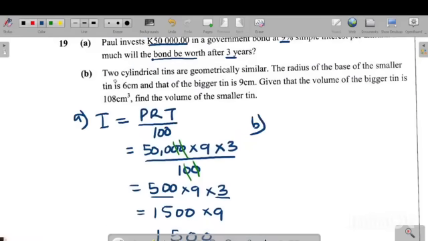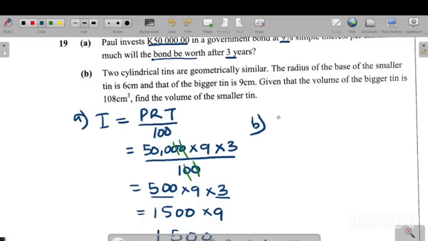Then let's look at B. Question B says, two cylindrical tins are geometrically similar. The radius of the base of the smaller tin is 6 centimeters, and that of the bigger tin is 9 centimeters.